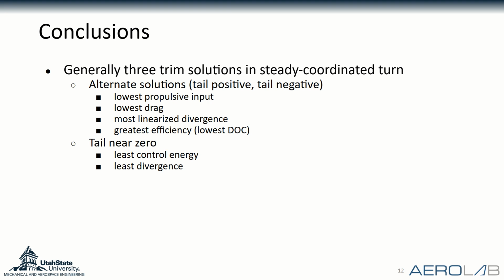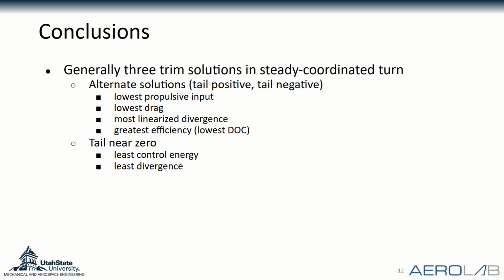On the flip side, the tail near 0 solutions tended to require less control energy. In other words, the control surfaces wouldn't deflect as high, and they also tended to have the least divergence of the linearized system. So what does all of this mean? Let's say we're going to build our little RC fixed wing drone or something like that.